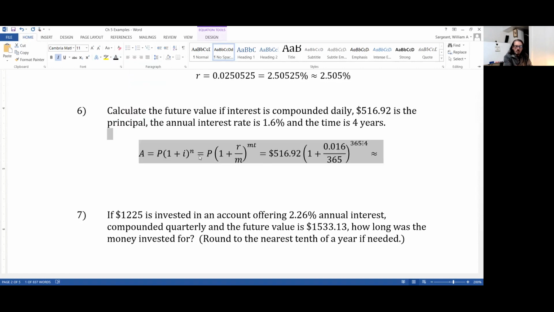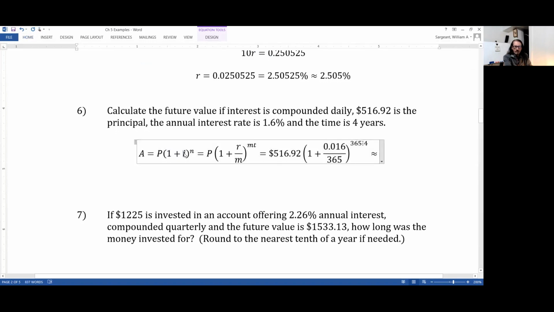You may be using a textbook where it uses little i to stand for the periodic interest rate. That 1.6% is an annual interest rate without taking into account the effectiveness. So I've replaced i with r over m, because that's the first thing that I'm going to do by the order of operations anyway.